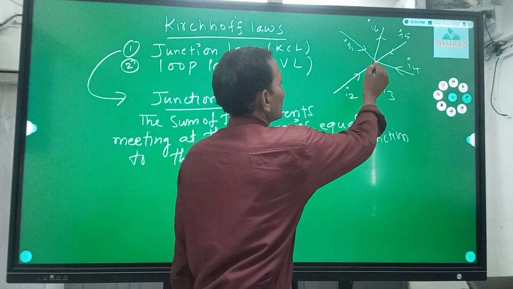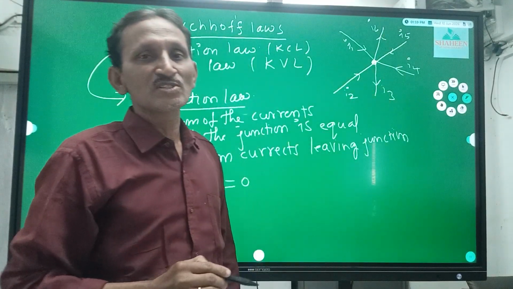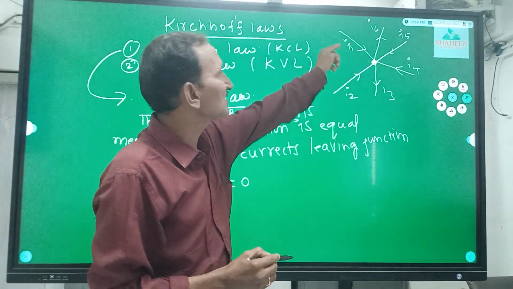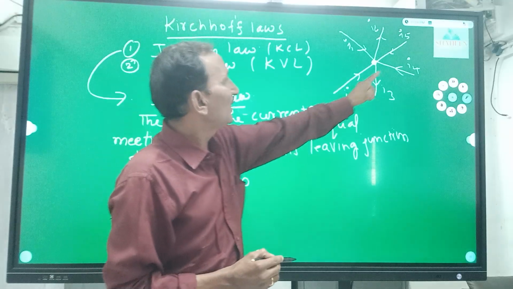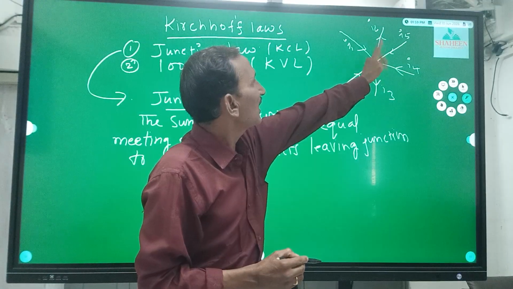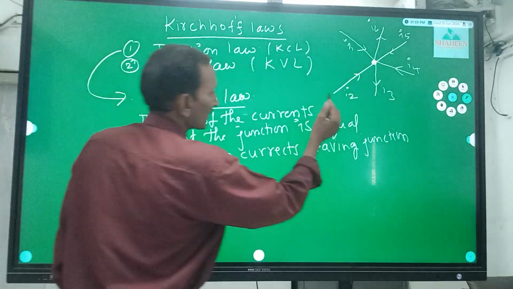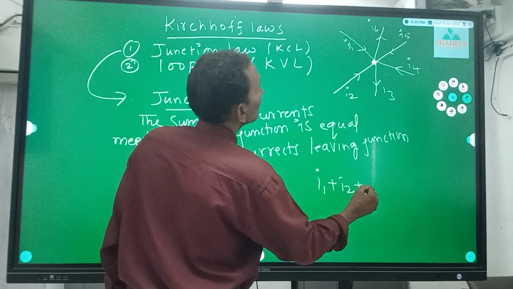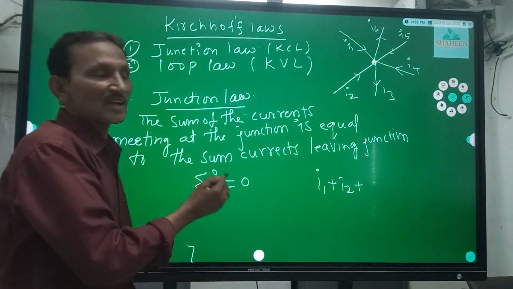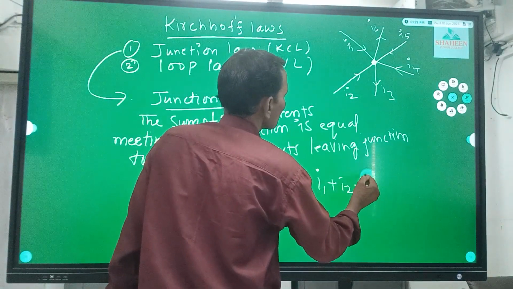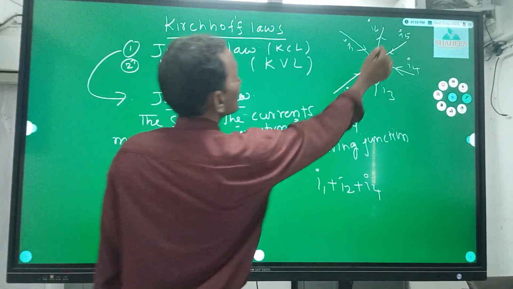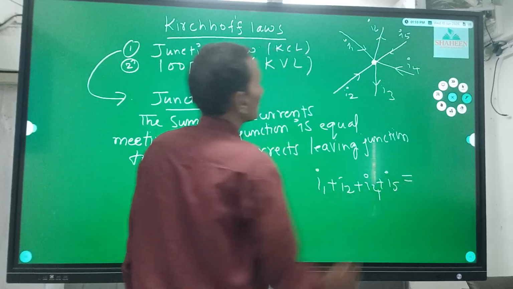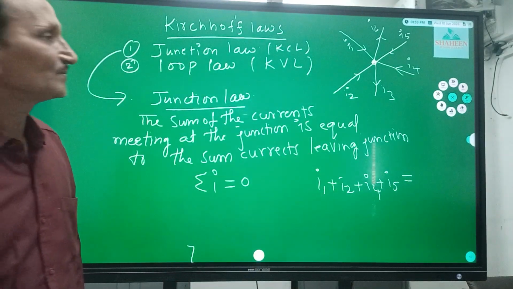At this junction point, the algebraic sum of the currents must be 0. The currents with arrow direction towards the junction are I1, I2, I4 and I5. So I1, I2, I4 and I5 coming inside should be equal to the currents leaving the junction.